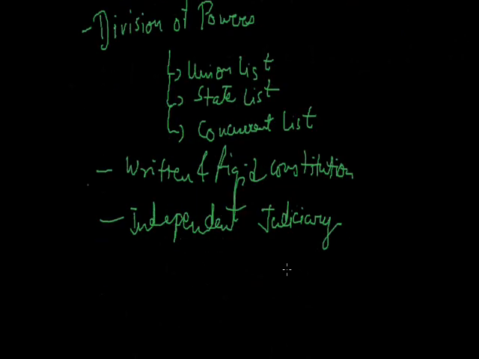Second, we have a written and rigid constitution. Written means everything is clearly specified, and rigid means no changes can be made until and unless both central and state governments agree. Third is independent judiciary. In case of any disputes between center and states or between two or more states, the judiciary is there to settle the dispute. Okay.